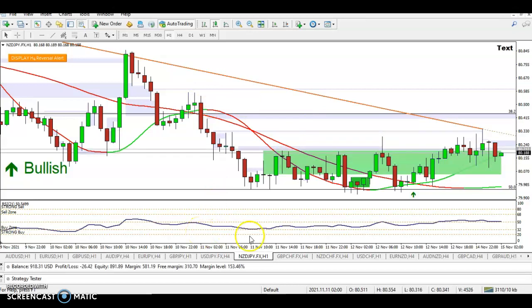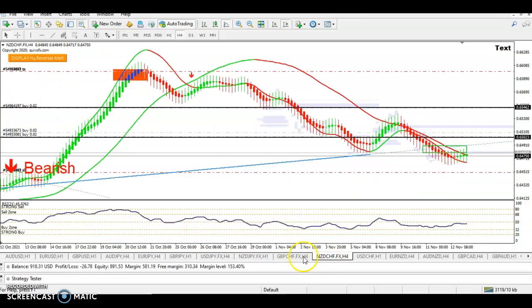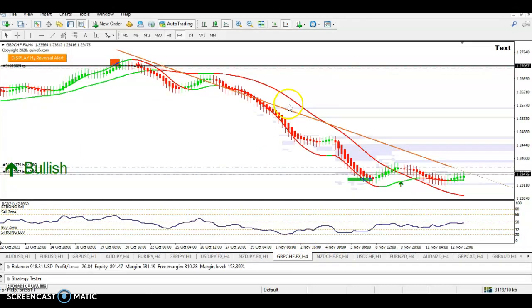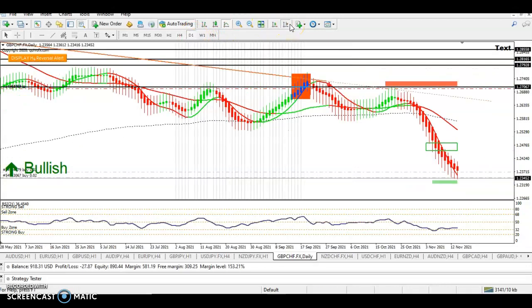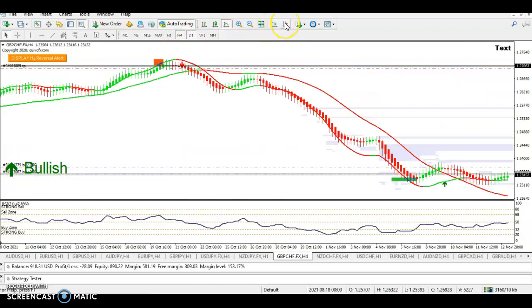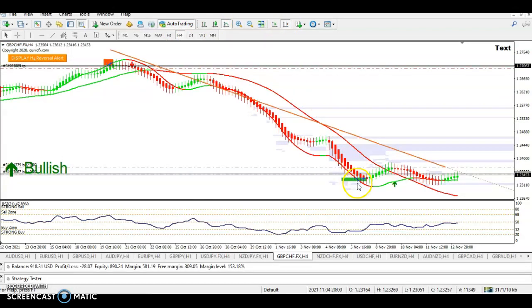So let's look at one more. Actually a couple more. The GBPCHF, Pound Swiss, gave us bullish price action last week, and we're looking to take that to the upside. Just really quickly, we want to look at the 4-hour cross on HMA, 4-hour retest, and soon to cross the trend line.